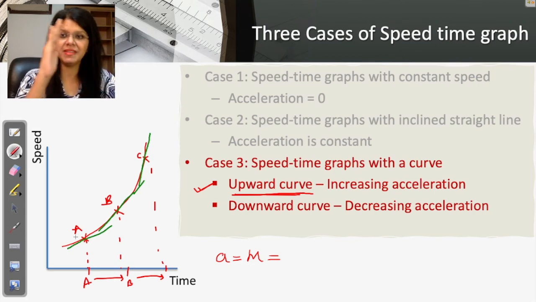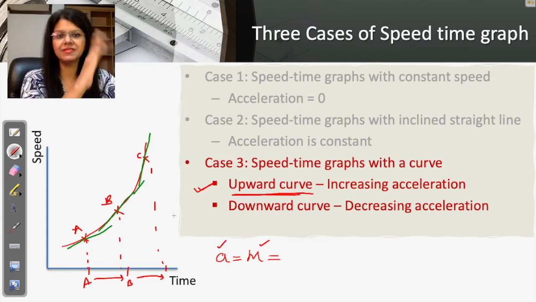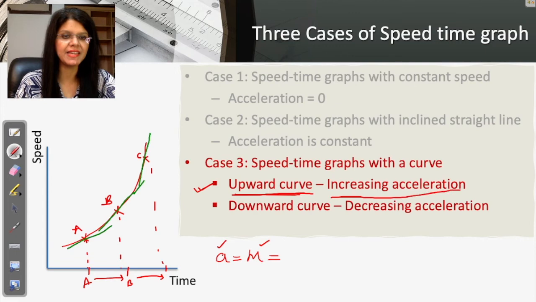Gradient increasing means acceleration is increasing, because acceleration is gradient. So an upward going curve represents increasing acceleration.